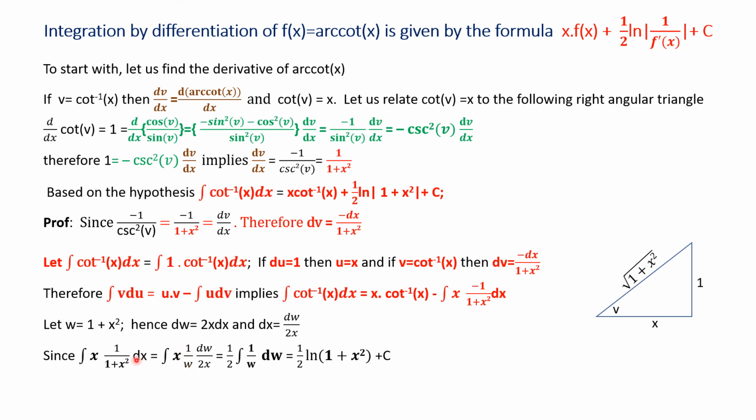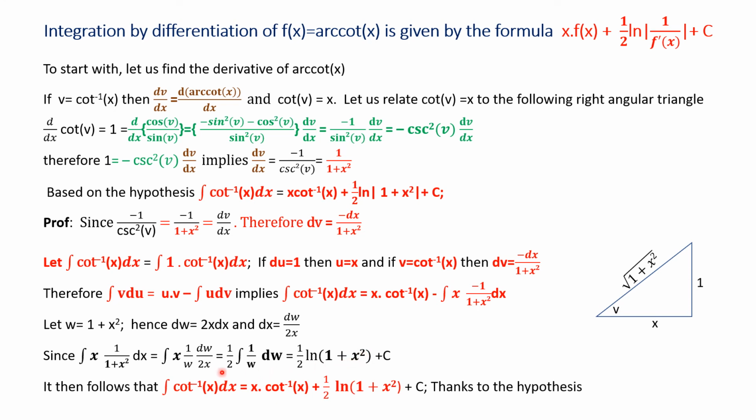And then instead of dx, we'll use its value, which is dw divided by 2x. So our integration will be half the integration of 1 divided by w multiplied by dw. We know that integration of 1 over w with respect to w will give us ln of w. But then w equals 1 plus x squared. So in the end, the answer of this integration is half of ln of 1 plus x squared plus the constant of integration. We didn't put the absolute value because 1 plus x squared will always be positive.